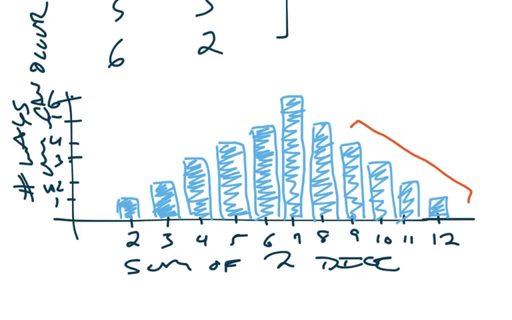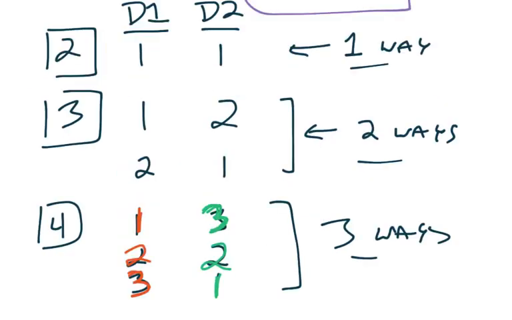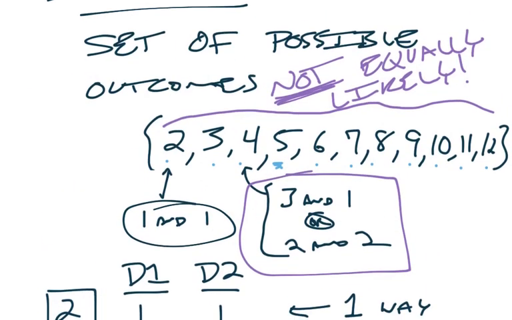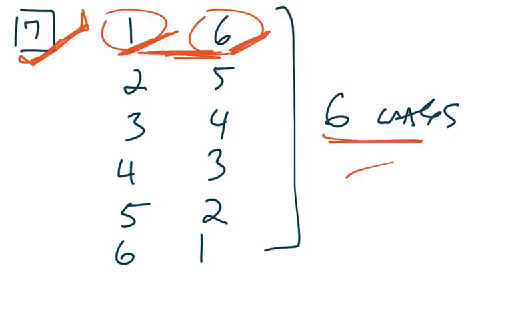However, this tells you a sense of the distribution of what's going on here, right? Not all of these outcomes are equally likely. So if I jump back a few pages to our sample space, which is right here, sure, there are 11 outcomes in the sample space. However, they are very lopsidedly distributed in terms of their likelihood of occurring.